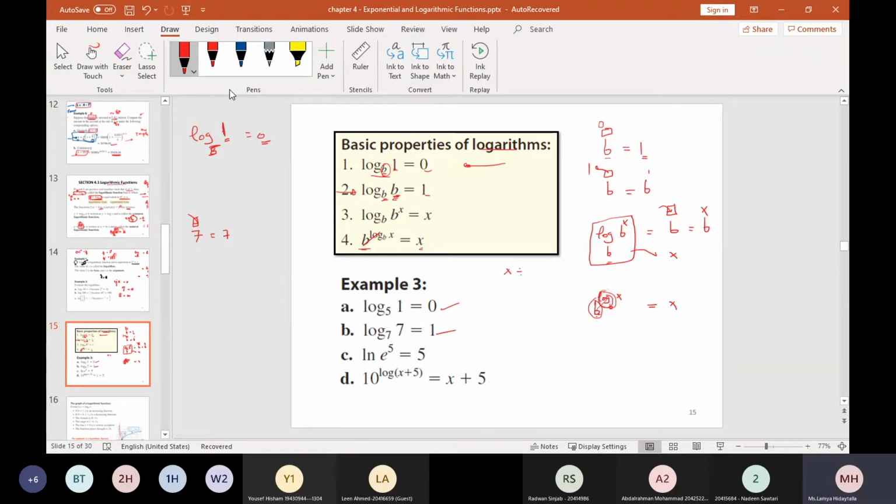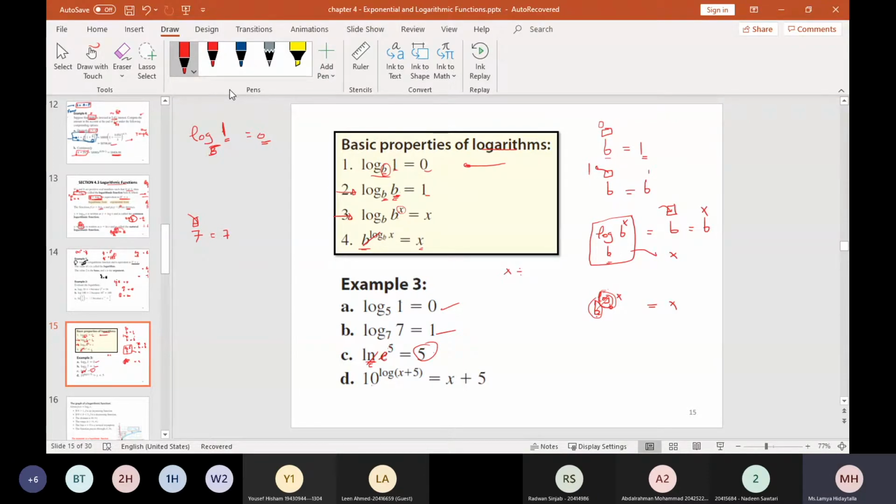This is the log of e to the power 5. By the way, these are also two opposite operations: ln, which is logarithm to the base e, and here e to the power 5. So I will have 5. Or as I described here, b to some power x, the answer is x. So ln e to the power 5 is equal to 5.